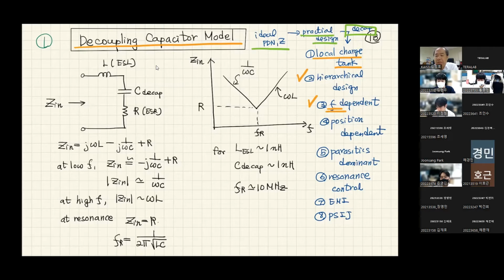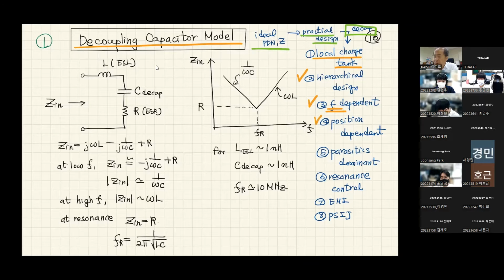We have to deal with 3 different ranges of resonances, and each decoupling capacitor has a separate resonance frequency. So we have to select decoupling capacitors which depend very heavily on frequencies.